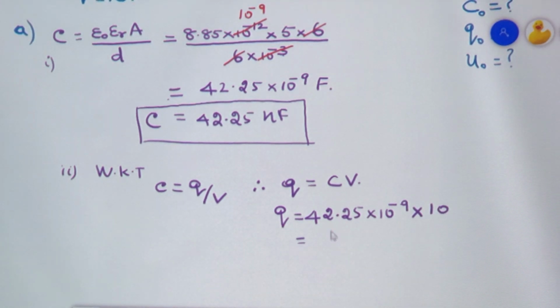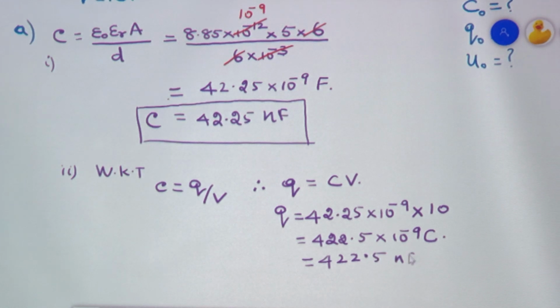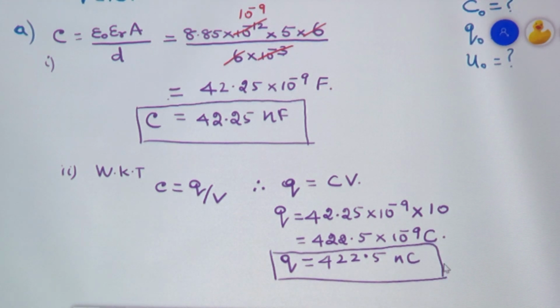So you multiply this 42.25 with the 10, you will be getting 422.5 into 10 power minus 9 coulomb. Or I can write it out as 422.5 nanocoulomb is the amount of charge that was being stored.